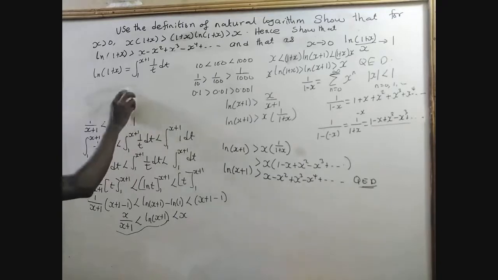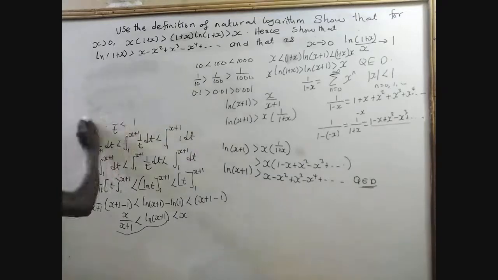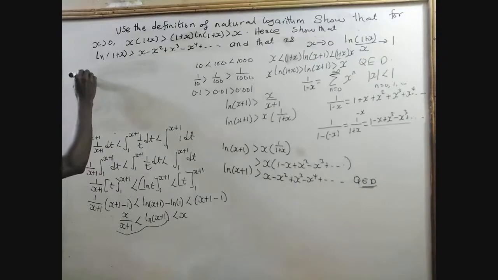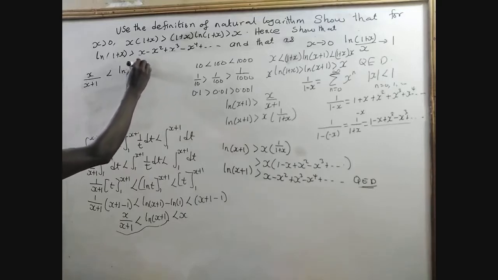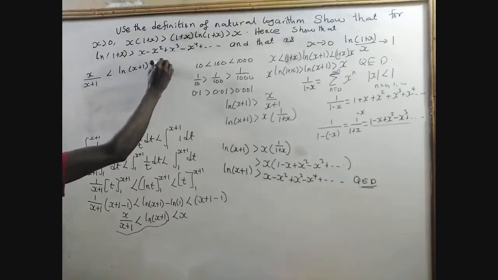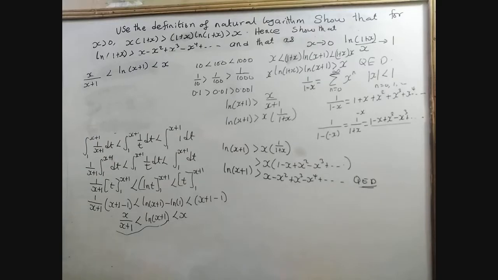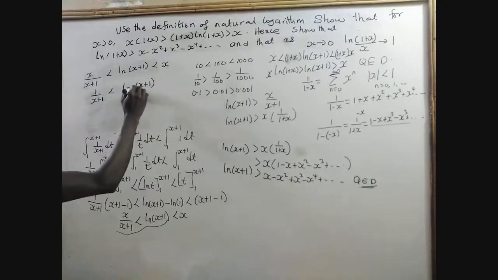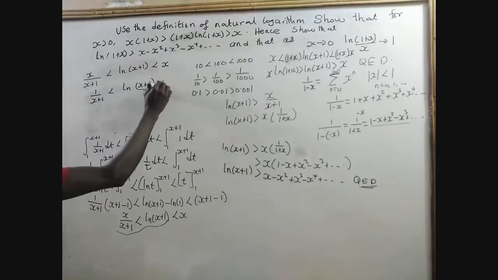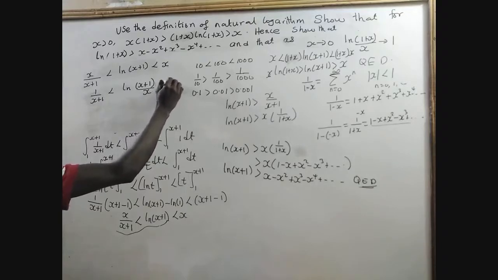So if you consider x divided by x plus 1 less than natural log of x plus 1 also less than x. Now, if we divide through by x, you have 1 on x plus 1 less than natural log of x plus 1 over x, less than 1.